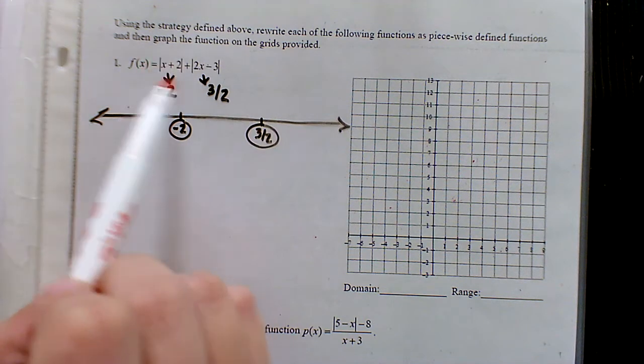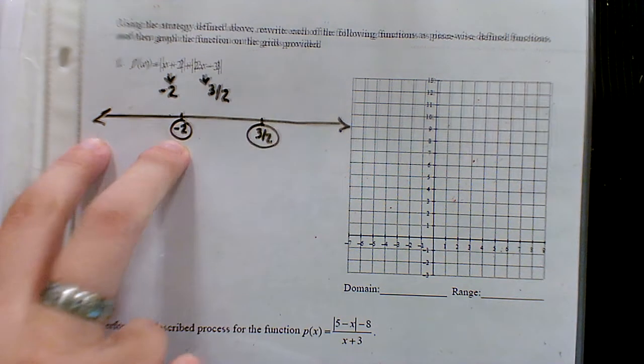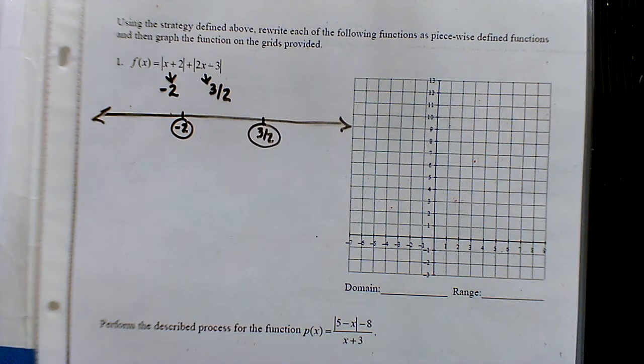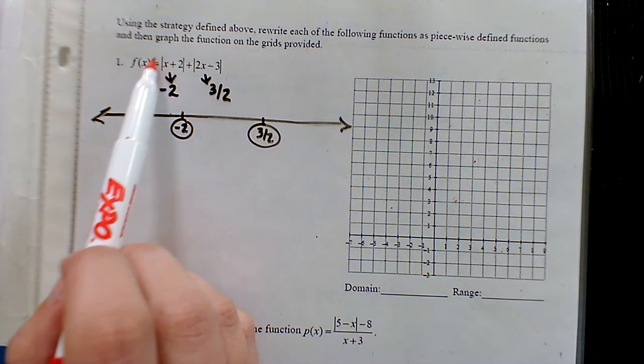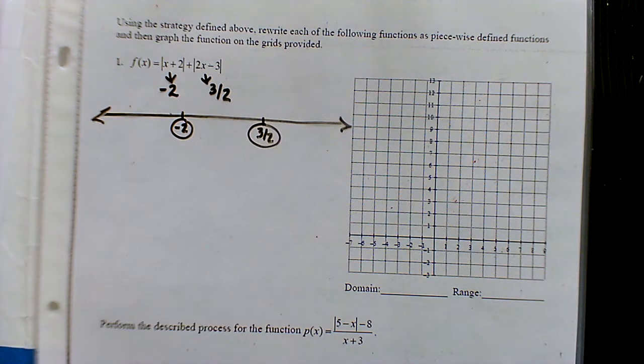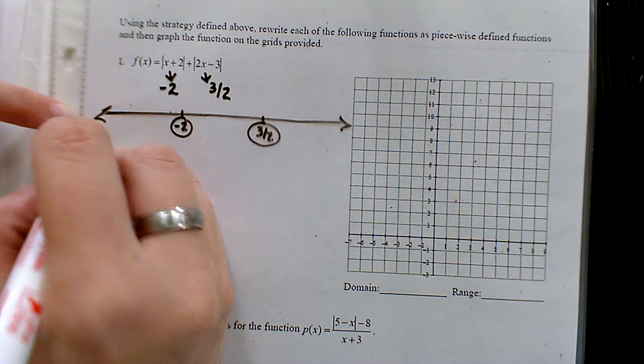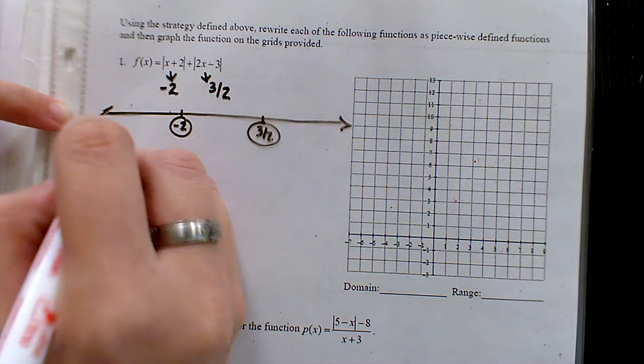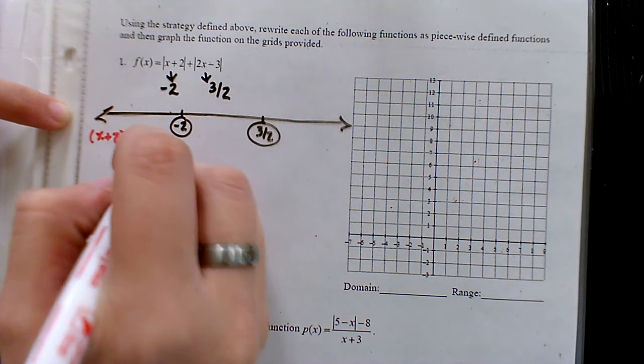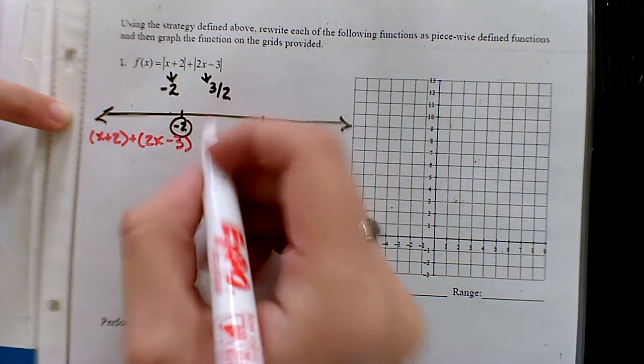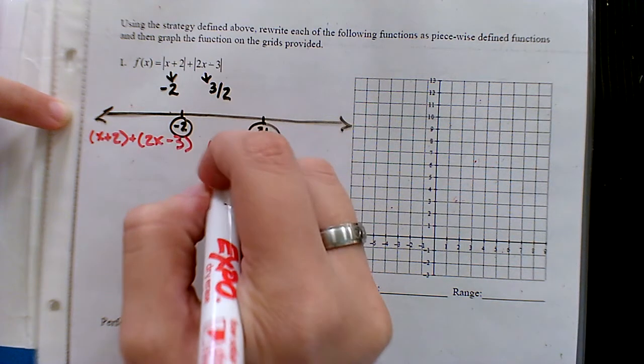Perfect. So we're going to take the original equation and we're going to write it in each interval, 3 times. And instead of having absolute value bars, we're going to use parentheses. So again, I apologize if you have to write a little small to fit those in, but we'll give it our best.